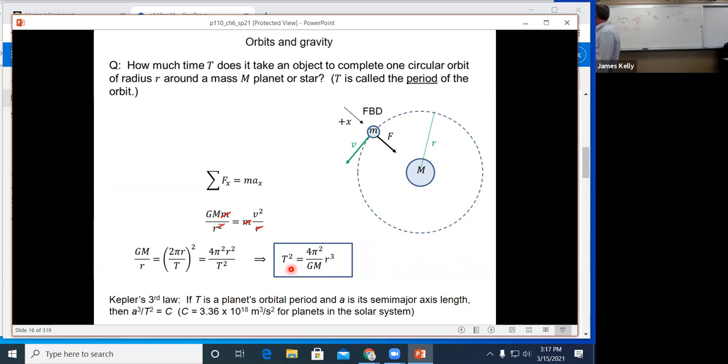So I could take the square root of both sides. But notice that we talked about Kepler's laws, and one of them said the following, and we're seeing the same thing now because Kepler's laws are all contained in Newton's law of gravitation and his law of motion.